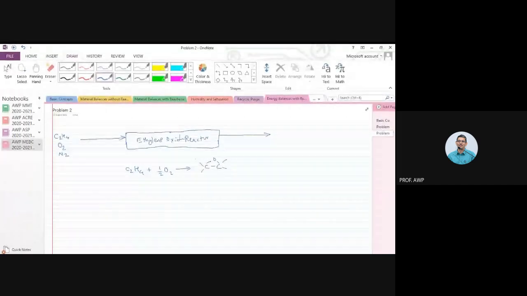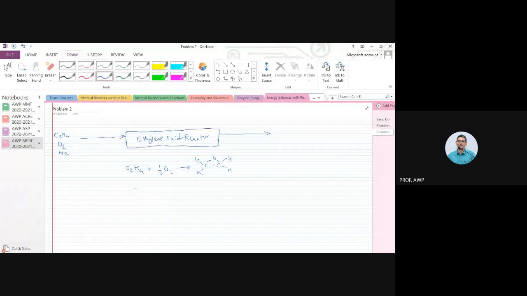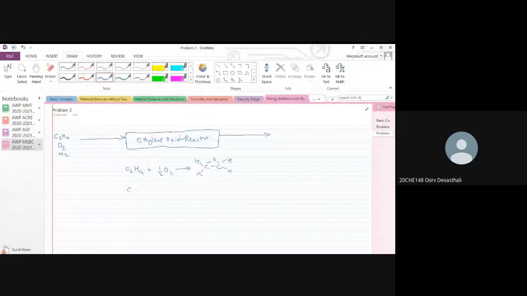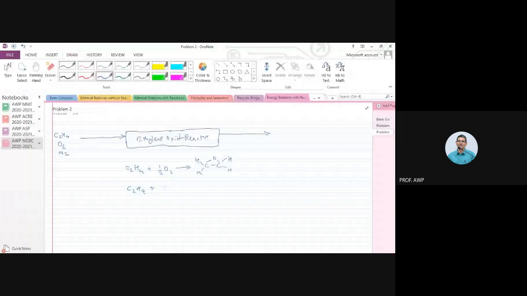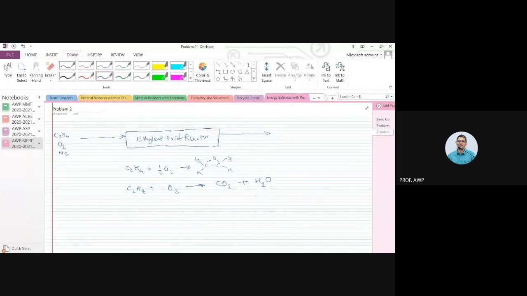Do you remember? Yes, sir. But the side reaction also happens, that ethylene burns to give you carbon dioxide and water. Do you remember that?